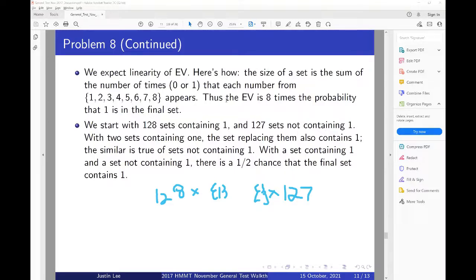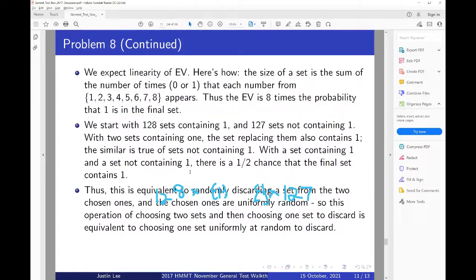So we notice that our operation here is just equivalent to taking two sets and choosing one of them to discard. And that in turn is because if you choose two sets, each set is equally likely to be among the two chosen ones. So long story short, this is just equivalent to choosing a set out of our entire collection of sets at random and discarding it.